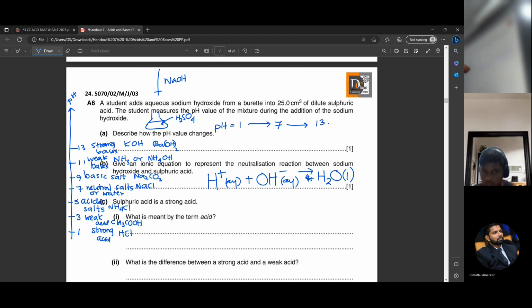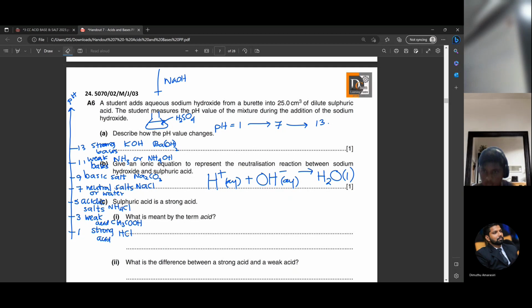No need to go for a complicated derivation of the ionic equation. But you must choose properly whether it's a strong acid, strong base type of neutralization. The strong acid gives you H plus, the strong base gives you OH minus, and then you get water.